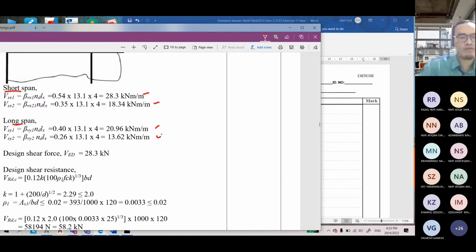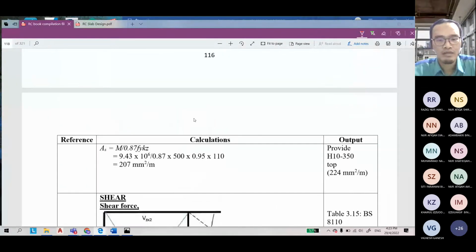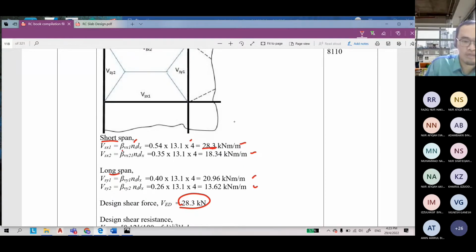But in order to reduce your time, to save your time, you select the maximum one. The n is similar, the lx is similar, so for the coefficient beta v, you select the maximum.